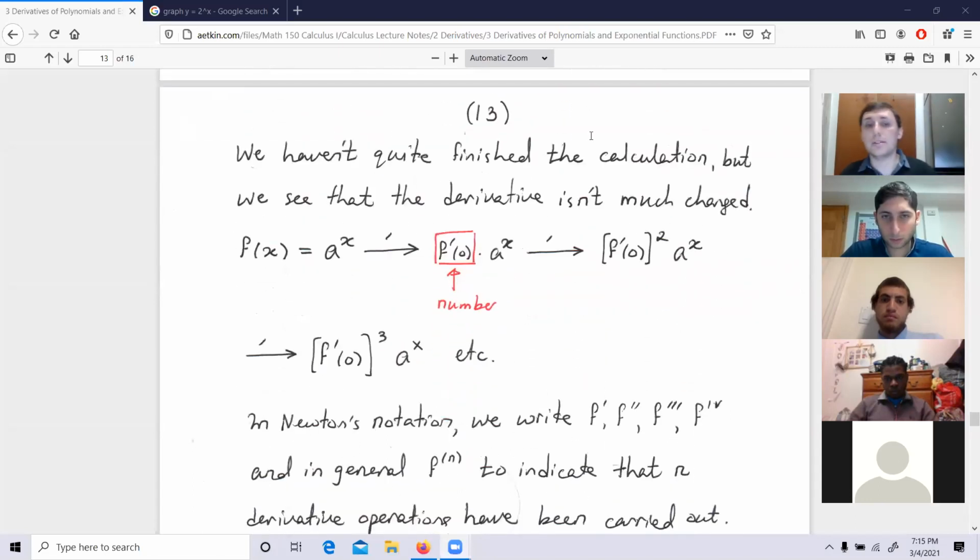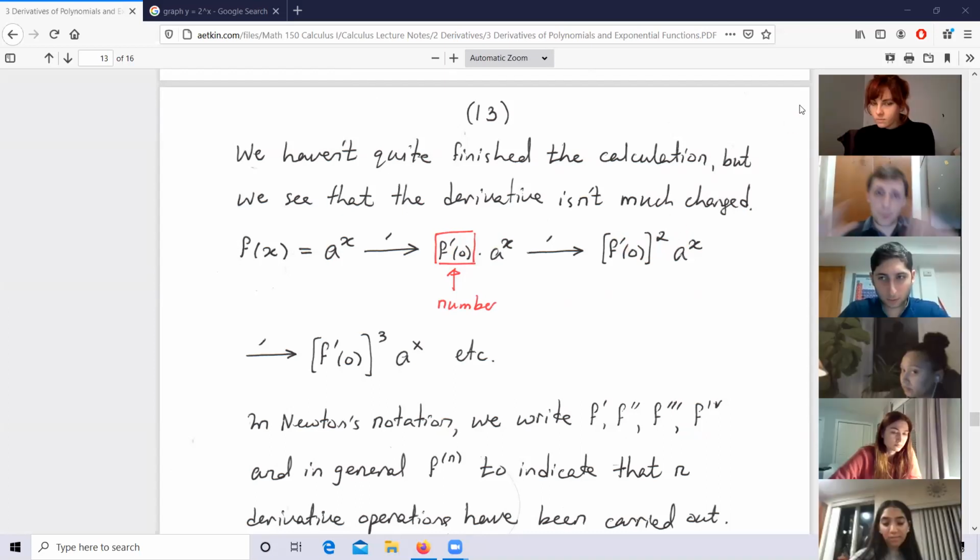This is what happens. The derivative of a to the x is the derivative at 0 times a to the x. If you take another derivative, another f prime of 0 will pop out. Do you understand how that works, guys? They just pop out in front, right?